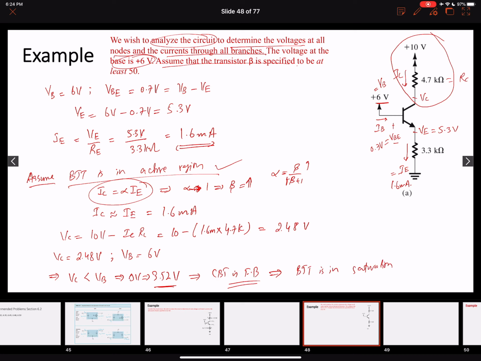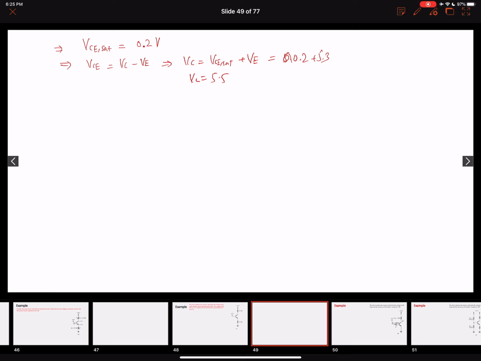So I can find out the value of the VC from here. VC equals VCE sat plus VE. So it would be 0.2 plus 5.3, 5.5 volts. So the value of the collector voltage that we got now is 5.5 volts, right?